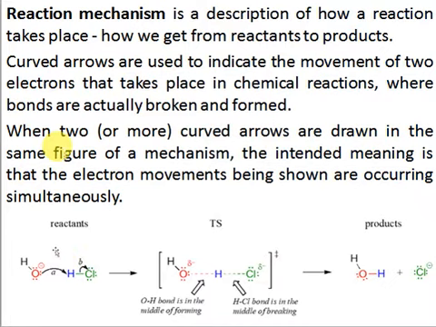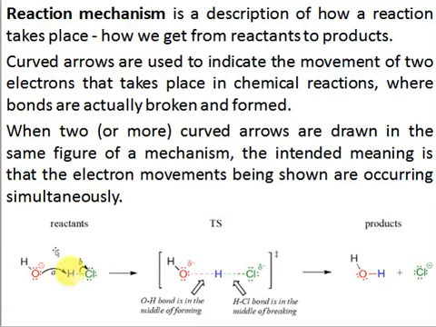So whenever you see two or more curved arrows in the same figure, like this one here, it means that the movement of electrons is occurring simultaneously. Here this hydroxide ion is attacking this hydrogen, and at the same time this chlorine is leaving with this electron pair. You can see that the direction of this arrow is from the bond to chlorine.